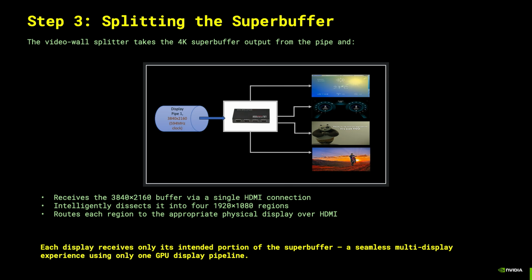All it knows is you give me a big buffer, I'll split it into 4 buffers and give them to 4 displays. So the input to the splitter would be the output from your display pipe, that is a 4K super buffer. And we'll program it to chop the frame every 1920 cross 1080 pixels. So the first frame will go to HDMI port number 1, second to port number 2, third to port 3, and again port 4.